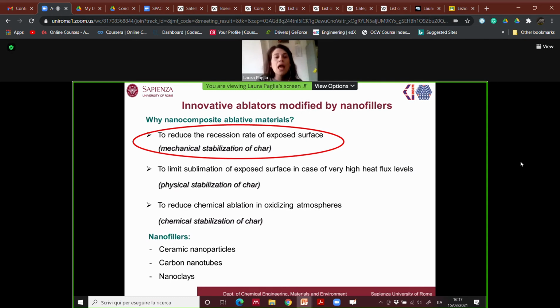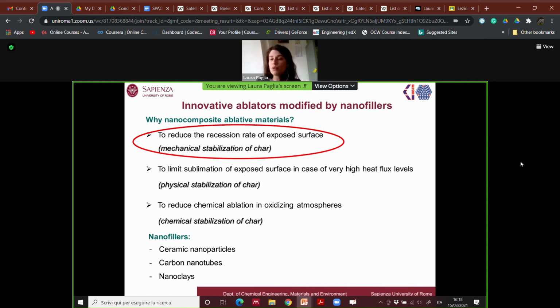Okay. Then we can have also a physical stabilization of the char. We can have also a chemical stabilization. This means that we can have some modification, for example, in the thermochemical behavior of these materials.